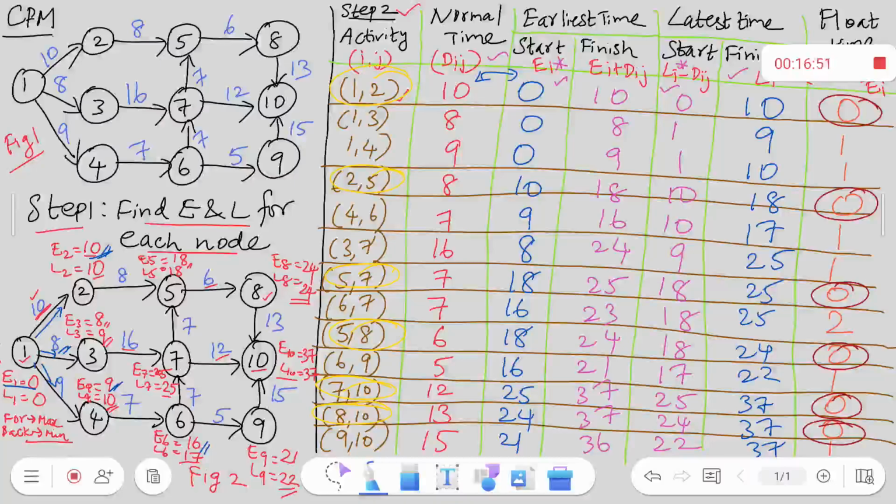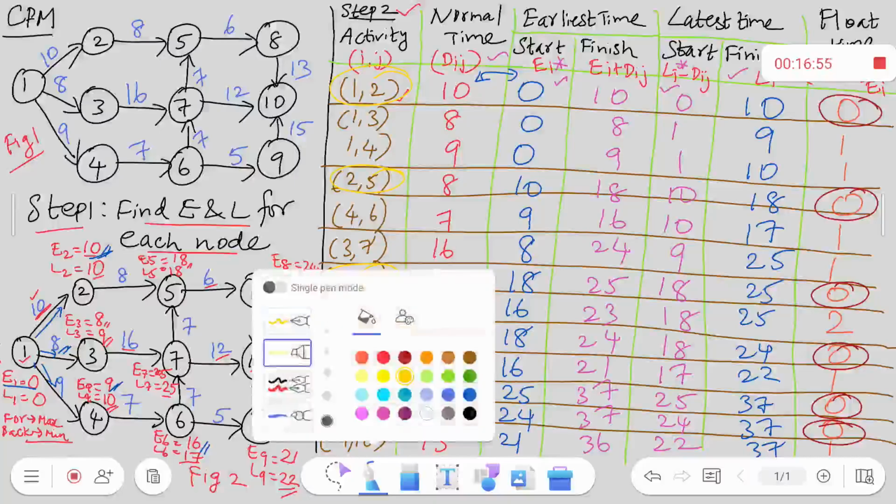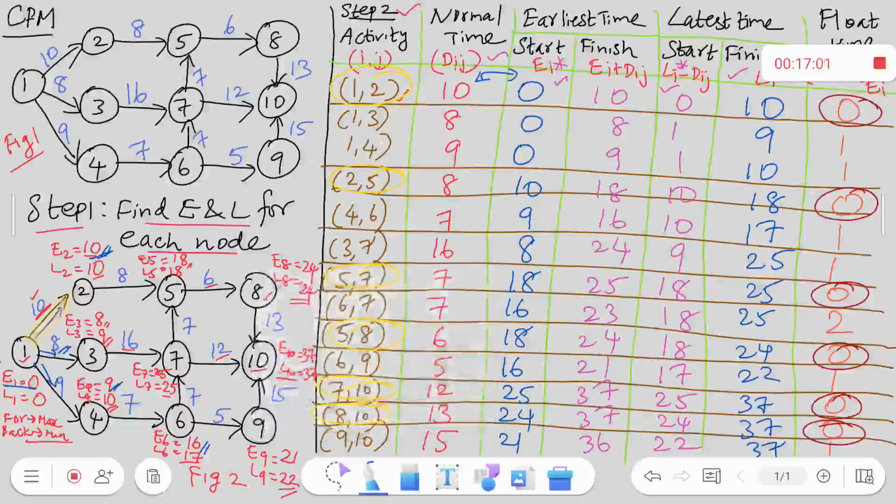So my paths are 1 to 2, right? 2 to 5, then 5 to 7, then I have one more path which is 5 to 8, then I have a path called 7 to 10, then I have a path called 8 to 10.